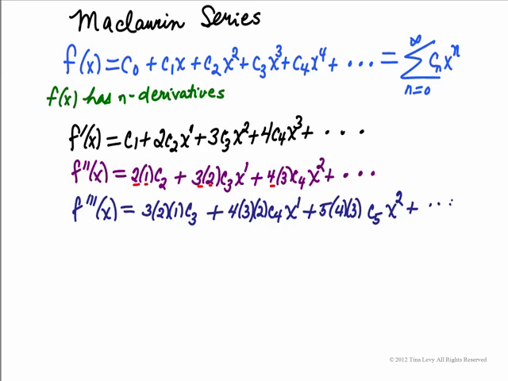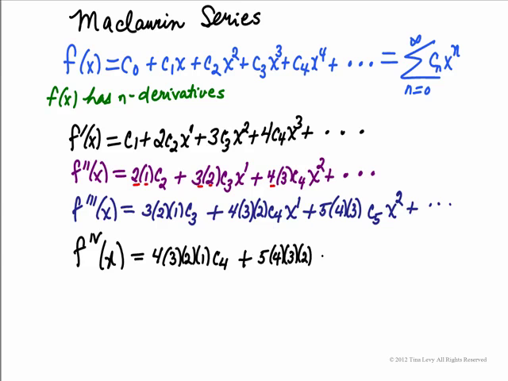And these would go on indefinitely. The fourth derivative, again, the constant term disappears, and this becomes 4, 3, 2, 1, c4, x to the 0 is 1, and this is 5, 4, 3, 2, c5, x to the 1, and it goes on indefinitely.